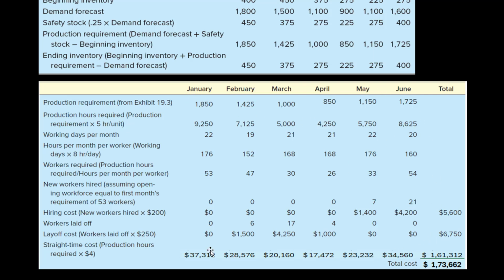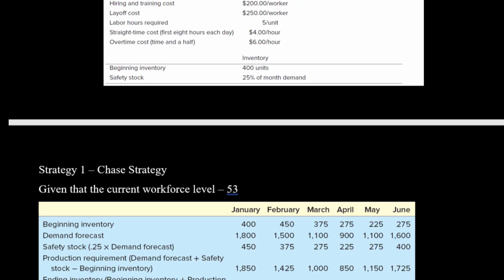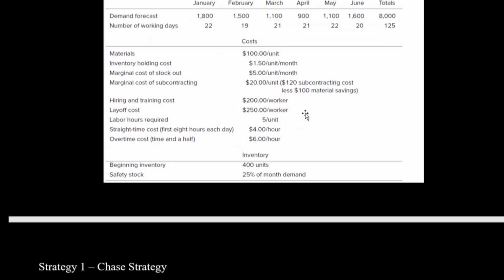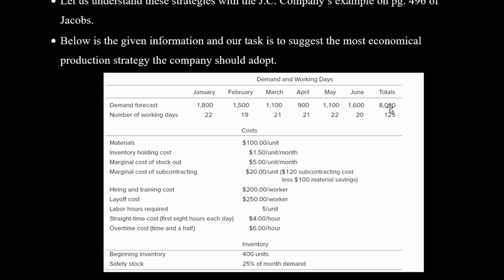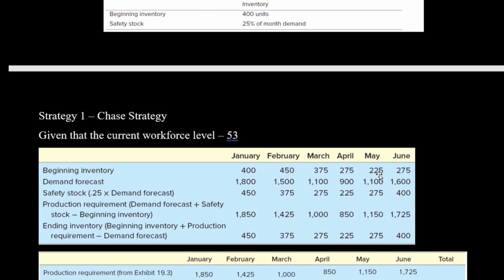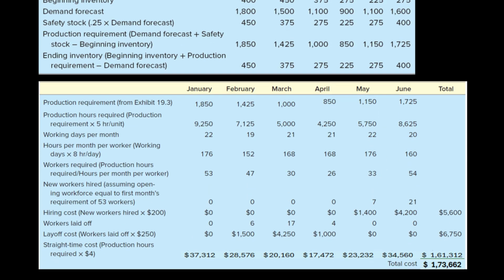So for this entire 6-month period, the total hiring cost will be 5,600, total layoff cost will be 6,750, total straight line cost will be 161,312, and the total cost will be 173,662. And if you want to find out the overall total cost, you need to add the material cost, which is already mentioned here, $100 per unit into this particular 8,000, the total demand which we have satisfied.